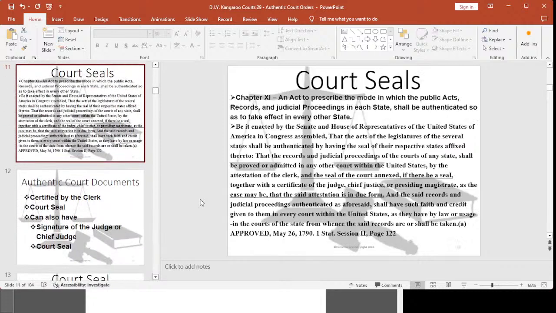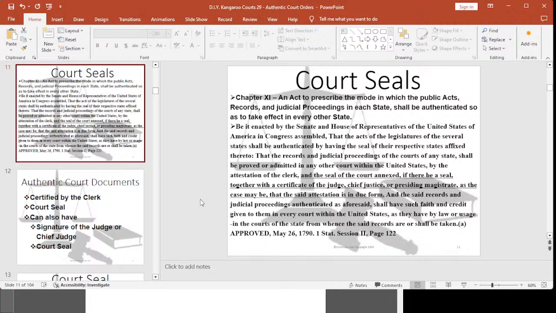So this is the Authentication Act of 1790, passed by Congress in 1790, Chapter 11, an act to prescribe the mode in which public acts, records, and judicial proceedings in each state shall be authenticated so to take effect in every other state.